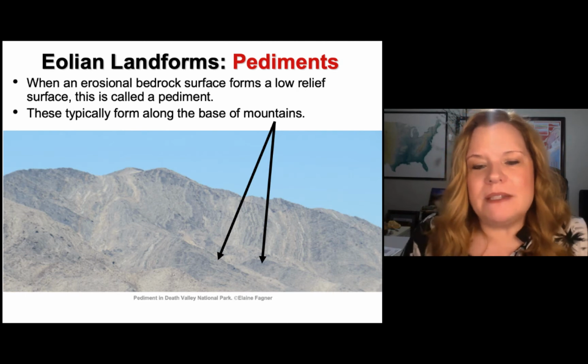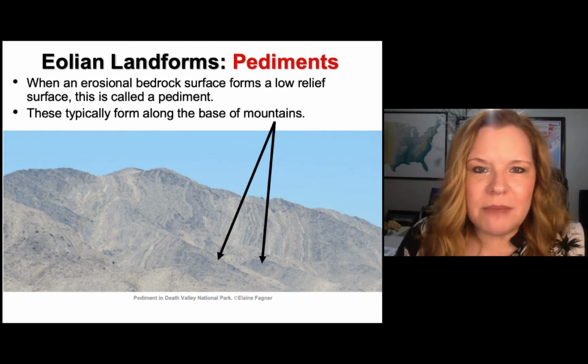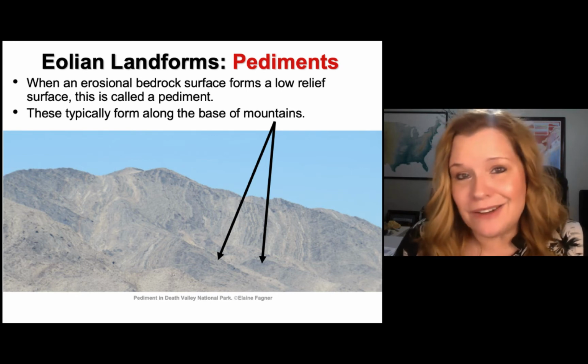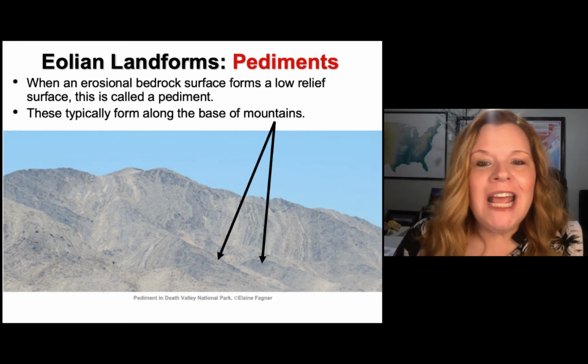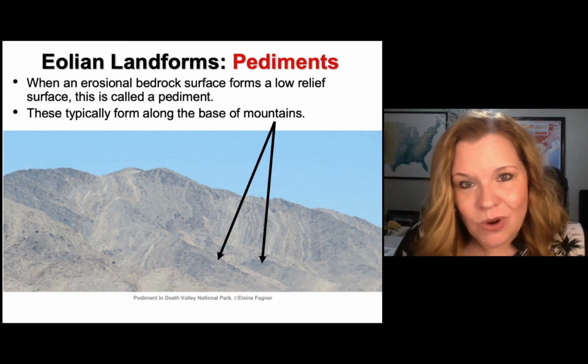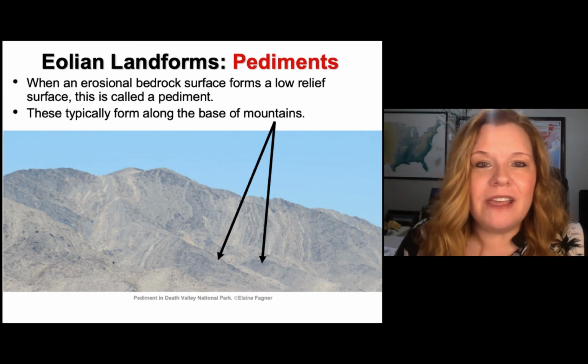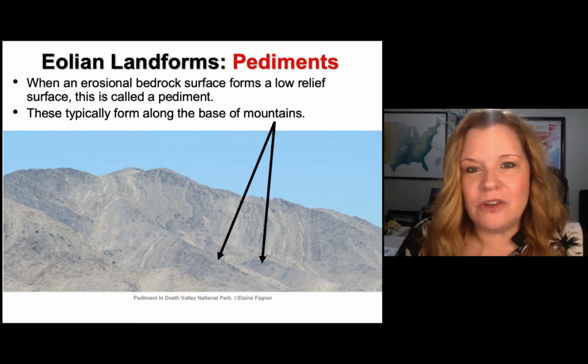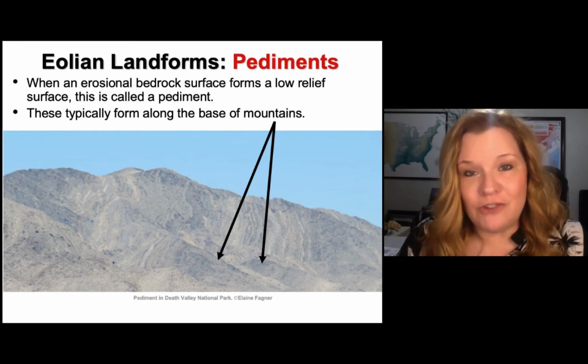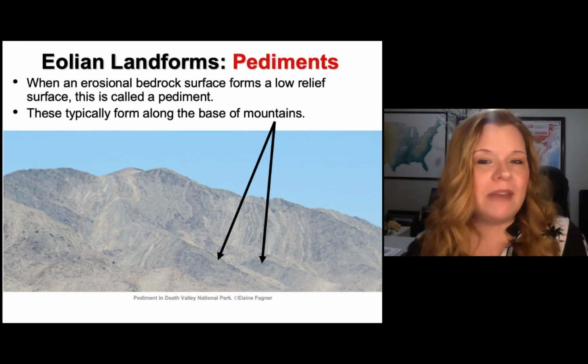So what's a pediment? These are usually at the base of mountain ranges that have weathered down, and this is just the remaining low relief structure. They are not a mountain anymore, but they definitely are bedrock. Occasionally you'll be driving and you'll see what looks like a miniature mountain. Those are typically called pediments.